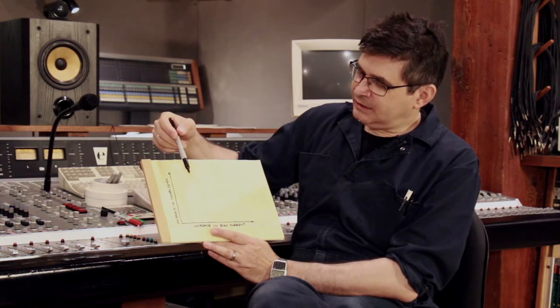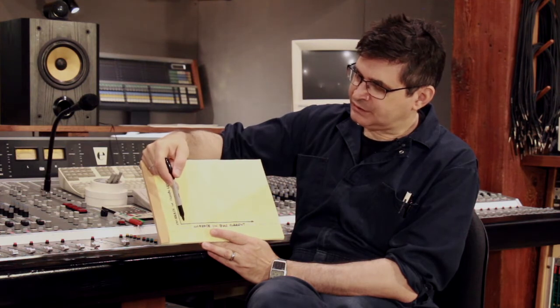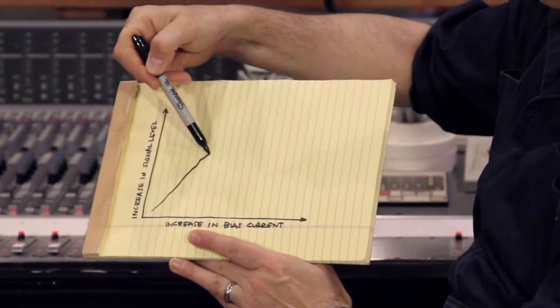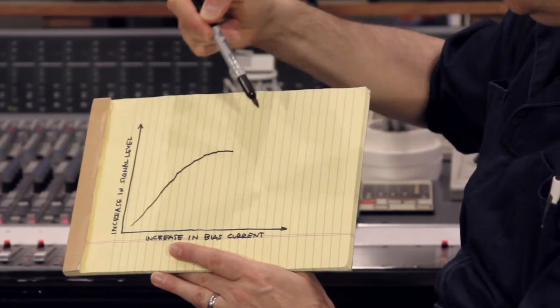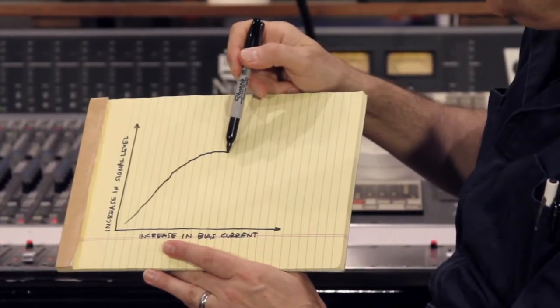So if we have very low bias, and I'm recording a nominal signal, either a broadband signal or, say, a mid-frequency tone of 1,000 hertz, as we increase the bias you get an increase in sensitivity. The level will increase up to a certain point, at which point it plateaus, and you don't really get much more signal level beyond that point.